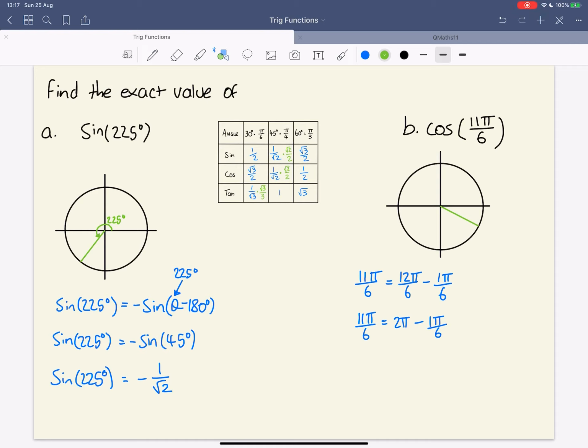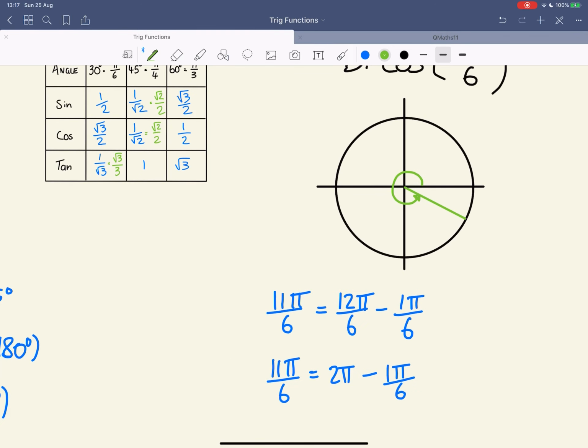Roughly there. And then, going around, that whole angle, let's zoom in. It's 11 pi on 6.